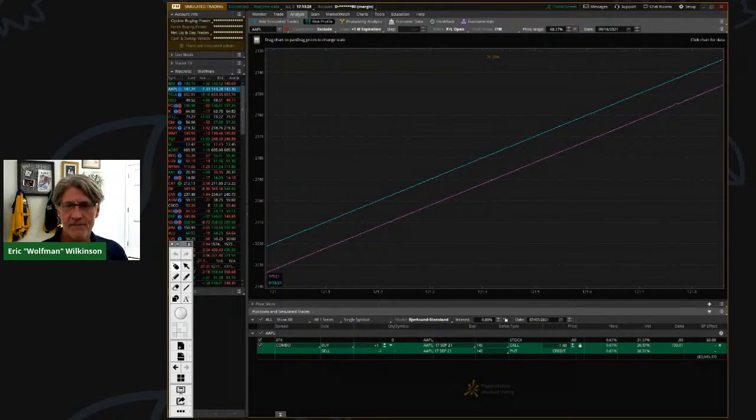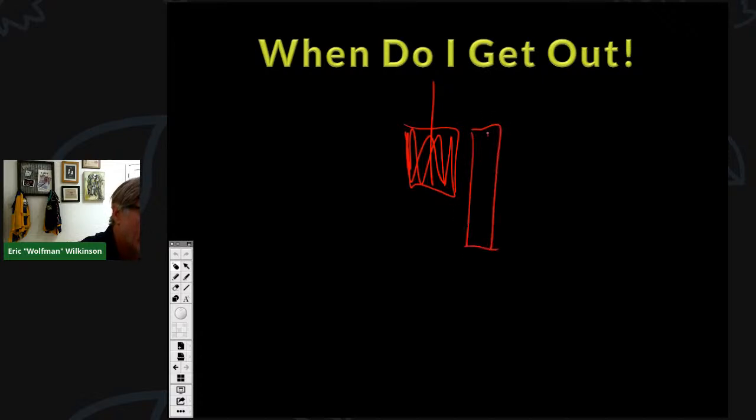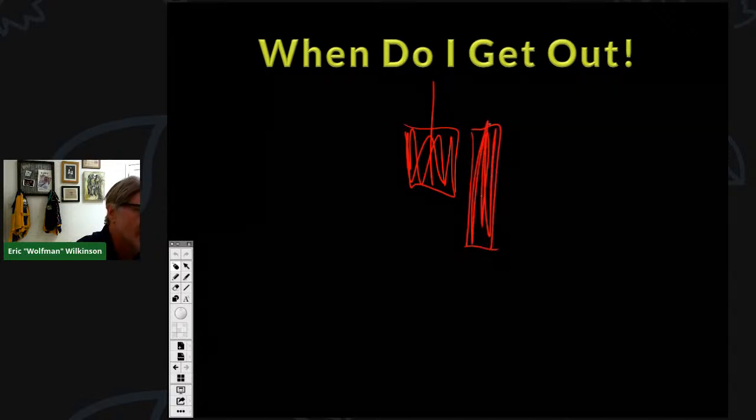Okay. But keep in mind, when you're trying to get out of this trade, get out when you're set up. In my case, in my Nvidia, I'm in on a confirmation like this. On this day, if I got in here, my out is when we basically pierce the top of the previous day, okay?